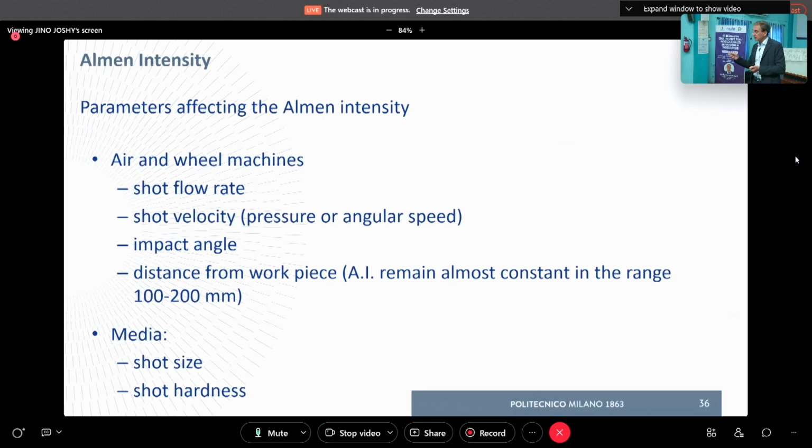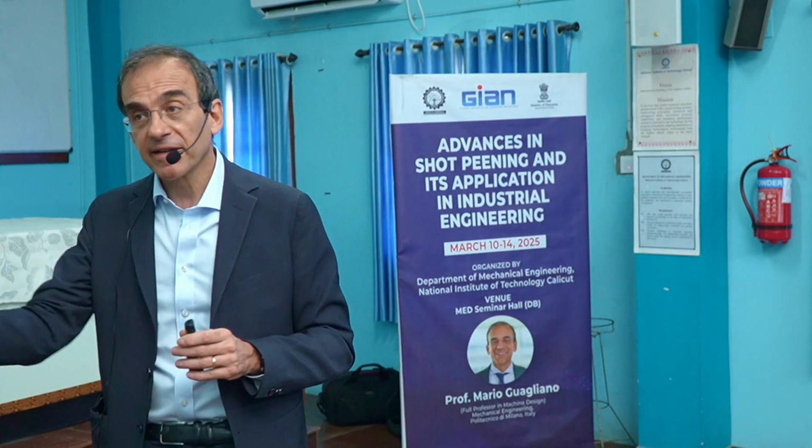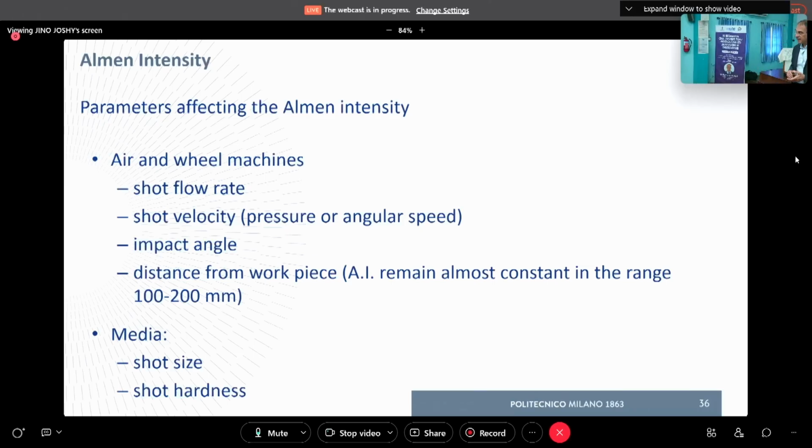So the amount of shots that are flowing per unit of time, let's say, is influencing the Almen intensity. And also, of course, the shot velocity, which is directly related to the kinetic energy. This means that it's related to the pressure, if we are talking about air peening, or is proportional to the angular speed, if you are talking about wheel peening machines.